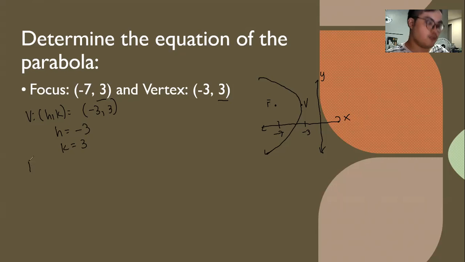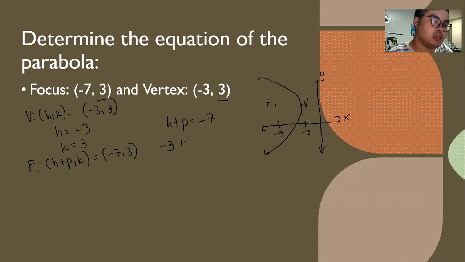Okay, so our focus is equal to h plus p, then k, then it is equal to negative 7 and 3. So what we are going to do is equate h plus p is equal to negative 7. Then our h is negative 3, plus p is equal to negative 7.